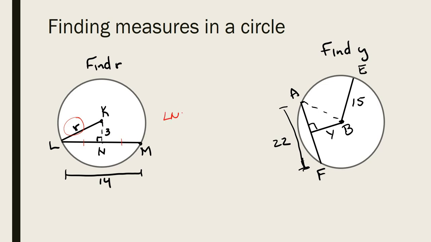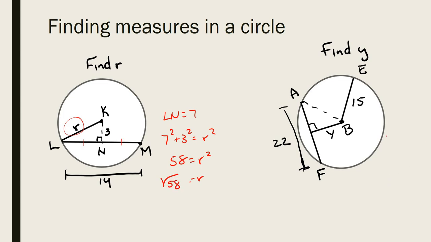Therefore, LN is 7, half of 14, and then I can use Pythagorean. 7 squared plus 3 squared equals r squared. 49 plus 9 is 58. So r is the square root of 58.